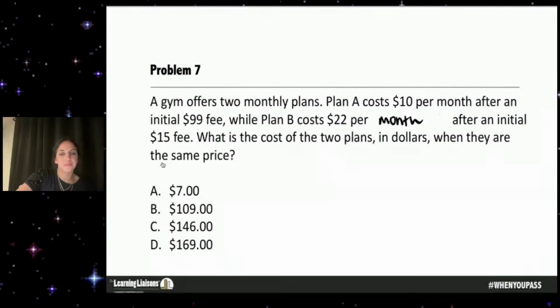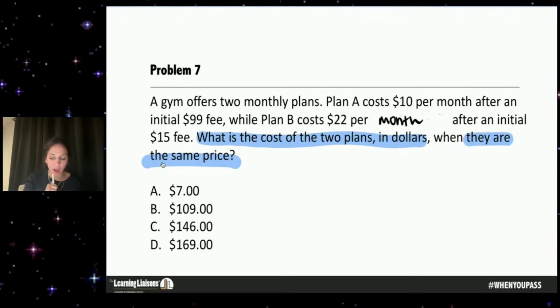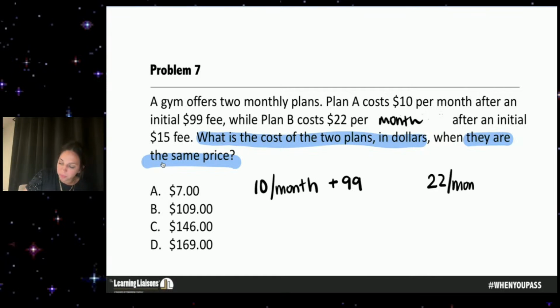Okay. So, what is the cost of the 2 plans when they are the same? A gym offers 2 monthly plans. Plan A is $10 per month plus that $99 fee. And Plan B is $22 per month plus that $15 fee.